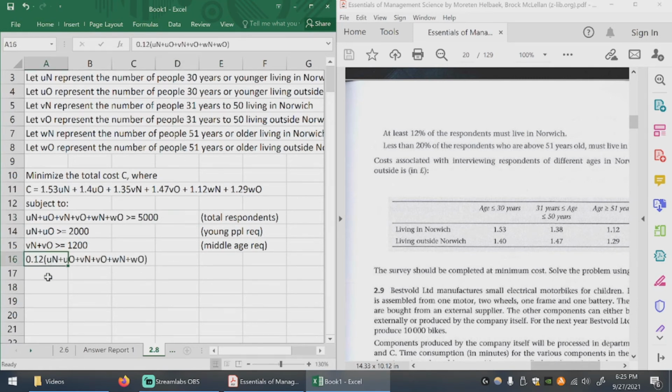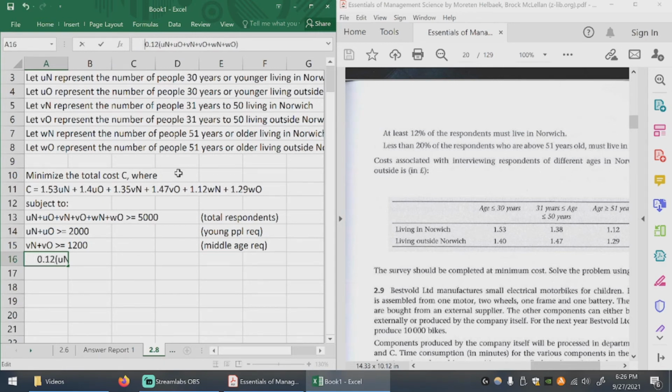I'm not done. I'm trying to translate a part of this. 12% of all respondents. Those that live in Norwich must be at least 12% of all respondents. What is the number of people living in Norwich?